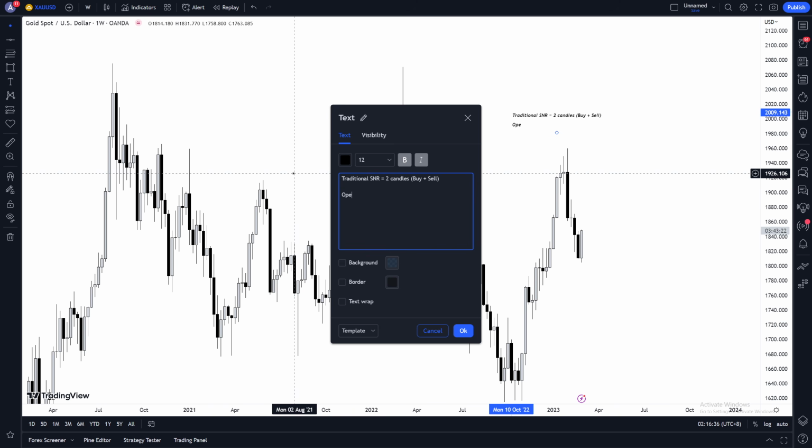Open close is a little bit different. Still two candles, that's the similarity, but where's the difference? Buy and buy. With traditional SNR, we have two opposite candles, buy is opposite to sell. Here, we have the exact same candles, buy and buy, or sell and sell.